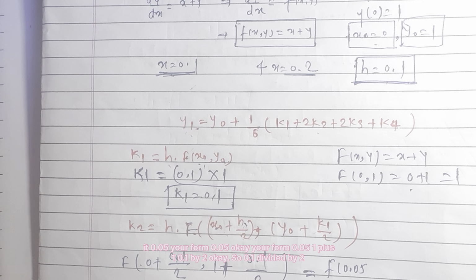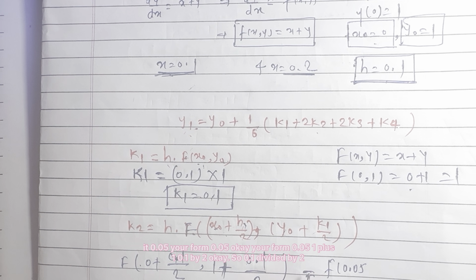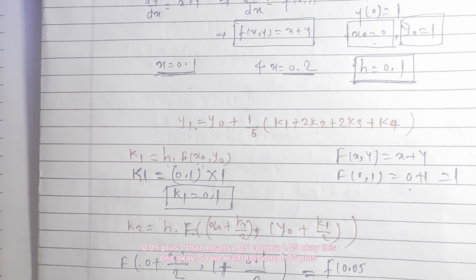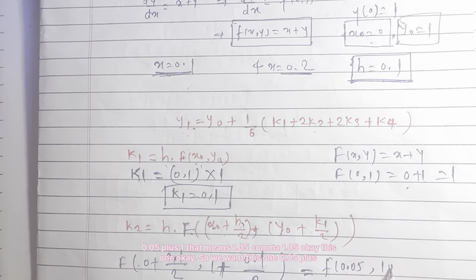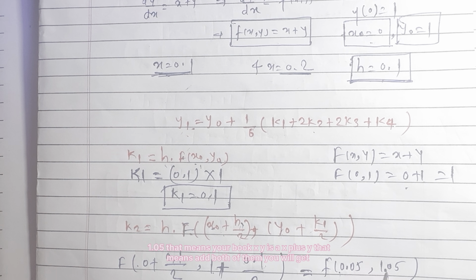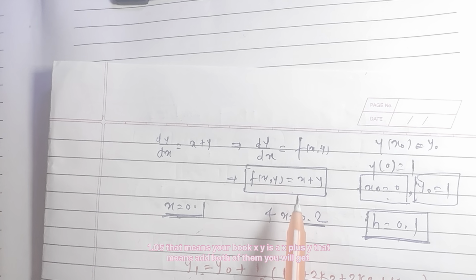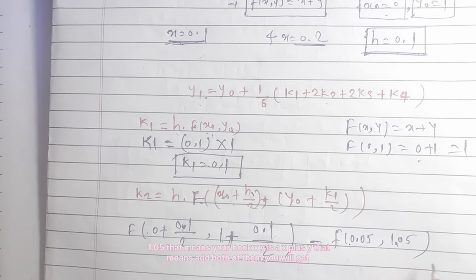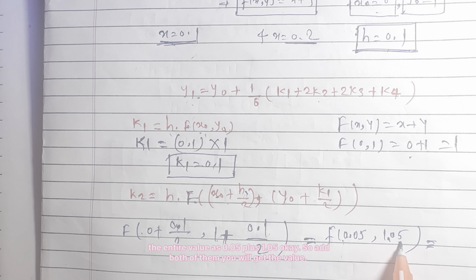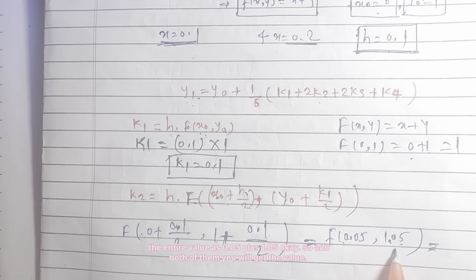So 0.1 divided by 2 is 0.05, plus 1 that means 1.05. So we want 0.05 plus 1.05, since f of x, y is x plus y. That means add both of them, and you will get the value.